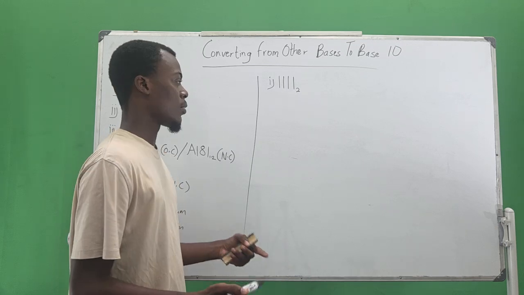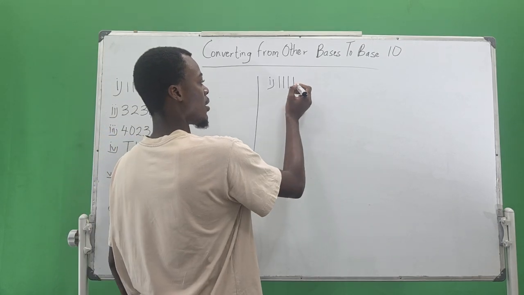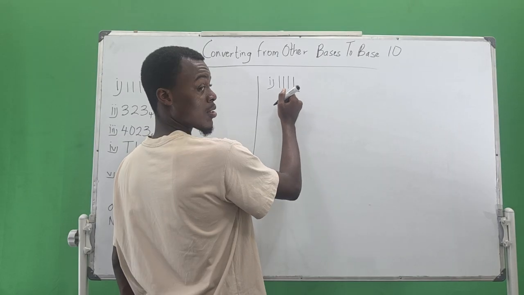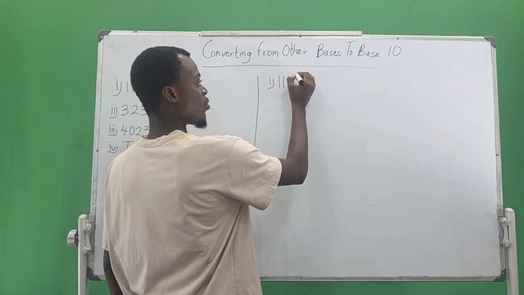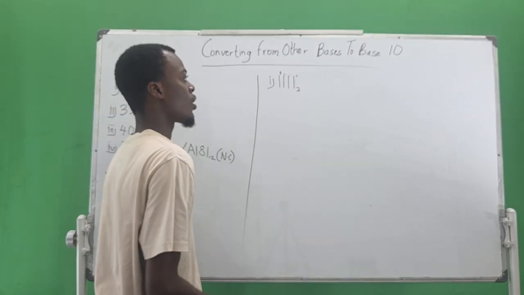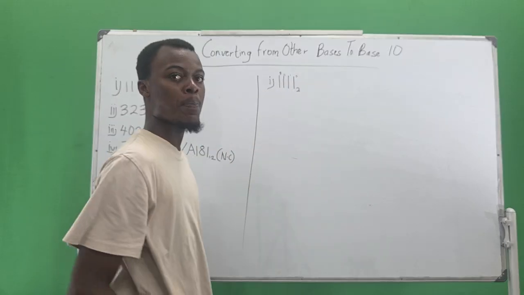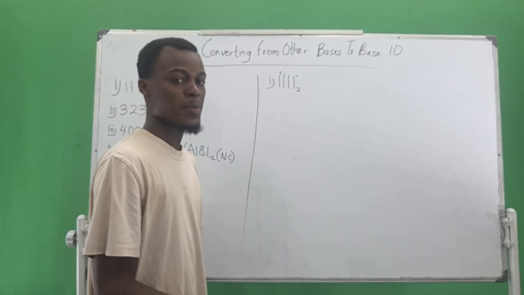If you are doing a question, this is how it starts. Counting from the right side, you start with 0, 1, 2, 3. This 0, 1, 2, 3 will be the power of the bases.